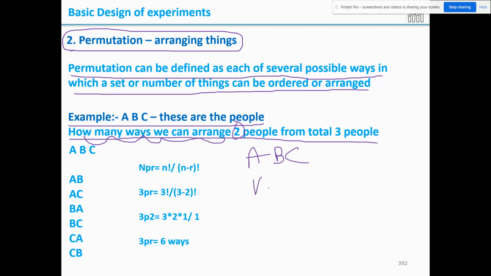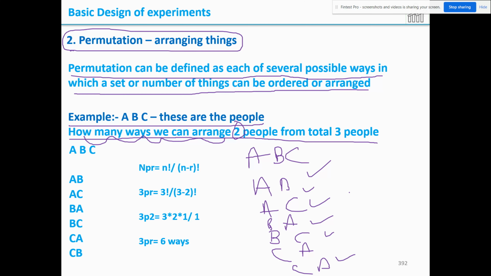So we can arrange AB, AC, BA, BC, CA, CB. How many ways? One, two, three, four, five, six. In six ways we can arrange it.